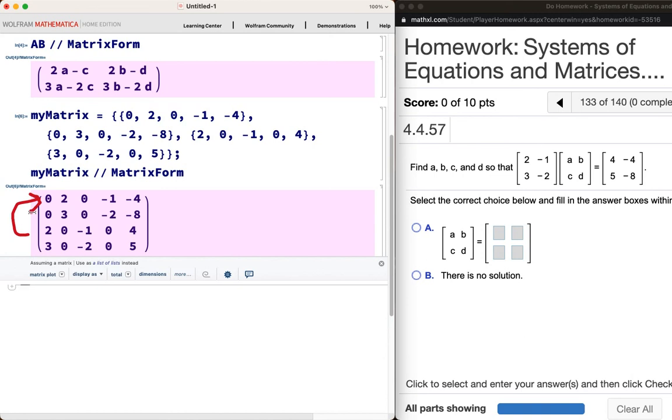Okay, and I can do that. So my matrix, okay, we're going to swap the first and third rows.